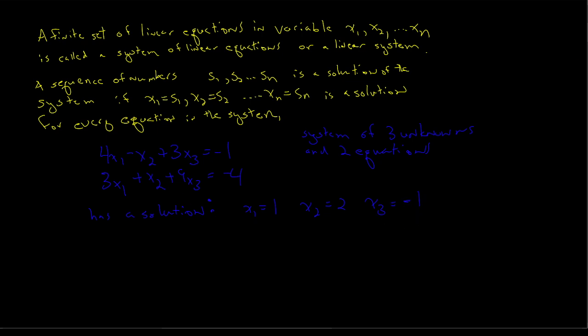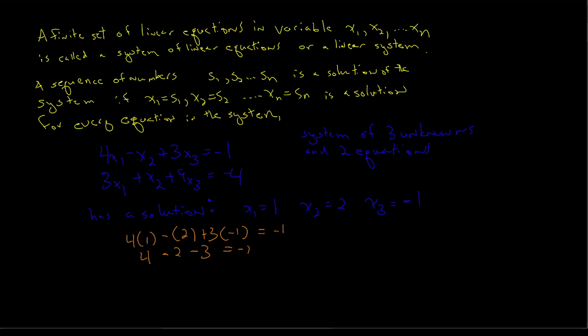And we can see this if I do the substitution on the first equation. I get 4 minus 2 minus 3. So 4 minus 2 is 2, minus 3 is negative 1. So that satisfies the first equation.